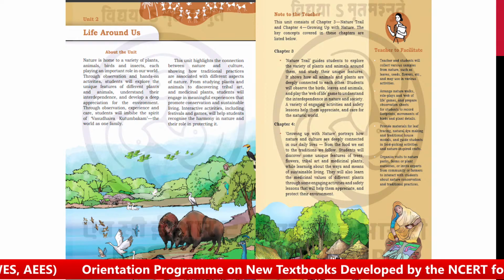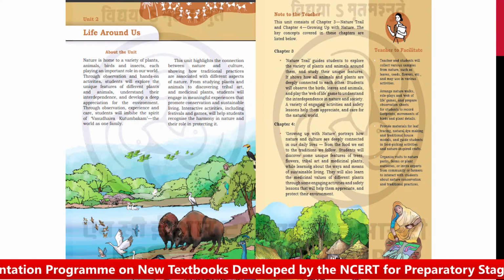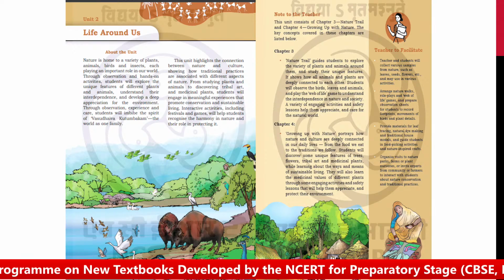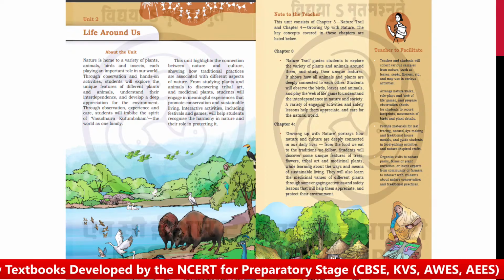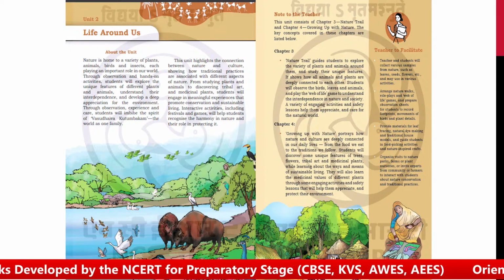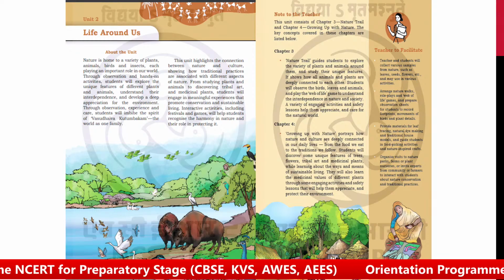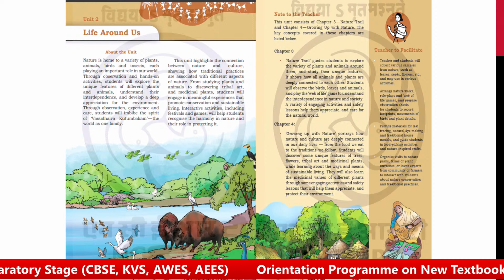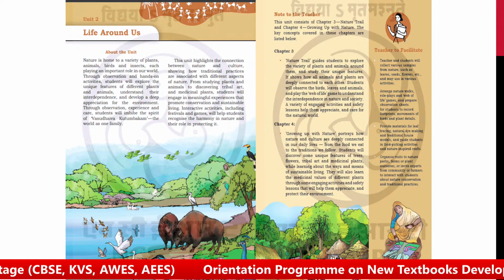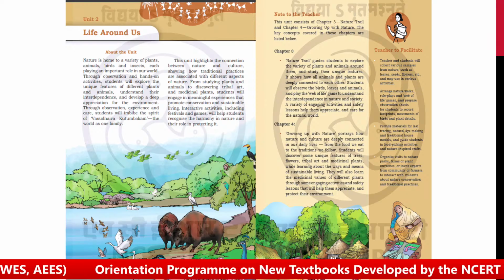At the same time, we were very careful to make teachers comfortable in using any pedagogical approaches. For that reason, we are giving a note to the teacher as well on how to facilitate the learning process. We are giving how the teacher is to be prepared for those chapters: how to collect the different materials for the chapters, and how the teachers can plan for the lesson. The details have been given as a separate section before each unit.